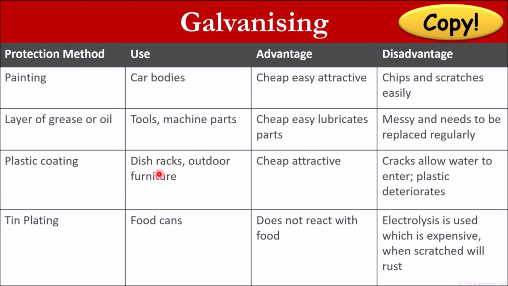Plastic coating. Now, if you wash dishes at home or when you're drying out the dishes, you might find that your dish rack is usually a plastic coating, usually rather than a metal one. The reason why is if you have a metal dish rack and you expose it to moisture all the time, you're bound to make it corrode. So usually plastic is a better way to go if you want to avoid that corrosion.